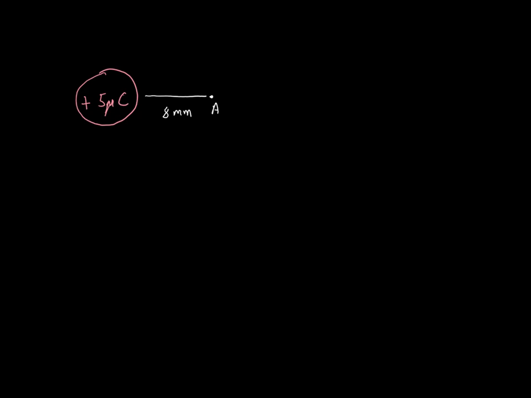So here, since we only have one charge with a single point there, and no other charges present, what we can do is just immediately find the potential at point A. Okay, so potential is KQ over R. K is a constant, 9E9, times 5 microcoulombs, that's times 10 to the negative 6, divided by a radius of 8 millimeters. That's 8 times 10 to the negative 3.